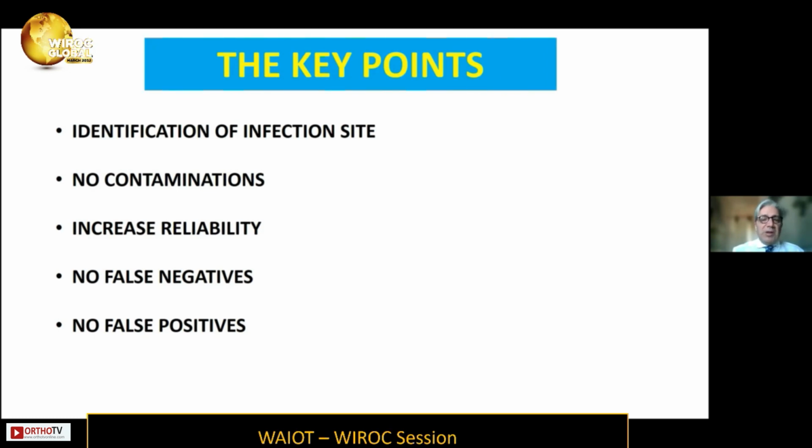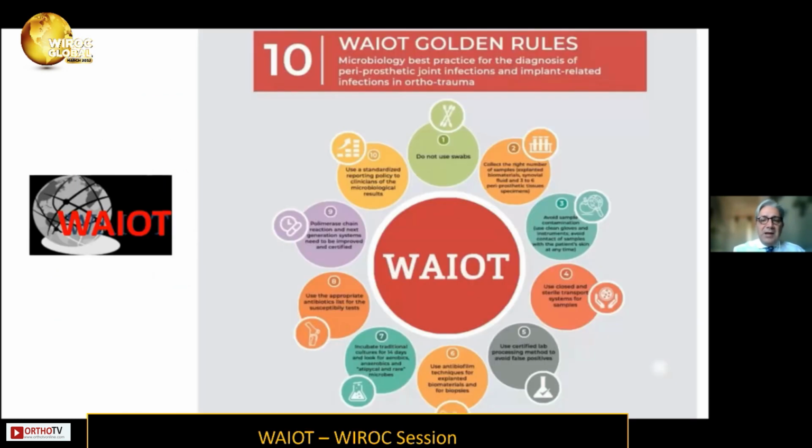With this aim, we finally tried to establish 10 different golden rules, from 1 to 10, to avoid any mistakes and to establish the same rules around the world. Let's see what rules any orthopedist and any microbiologist must follow for any diagnosis.